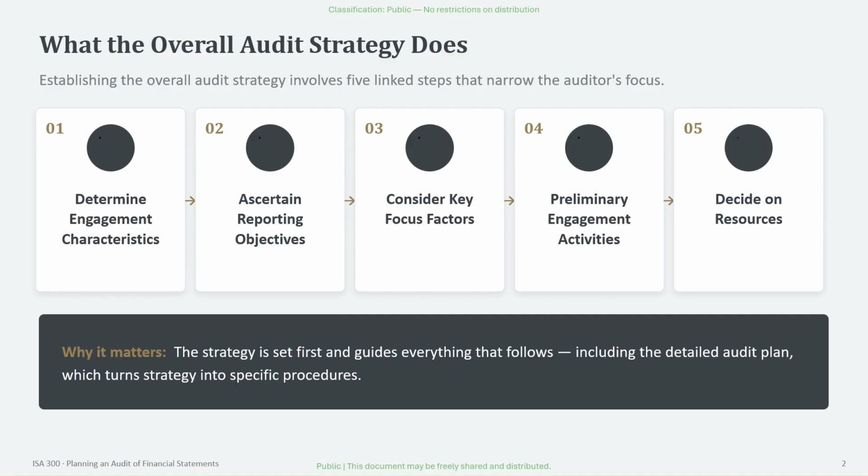Fourth, they consider the results of preliminary engagement activities and any relevant knowledge from other engagements. And finally, once all that is clear, the auditor can decide the nature, extent, and timing of the resources the engagement actually needs. Let's talk through each of these five steps in detail.